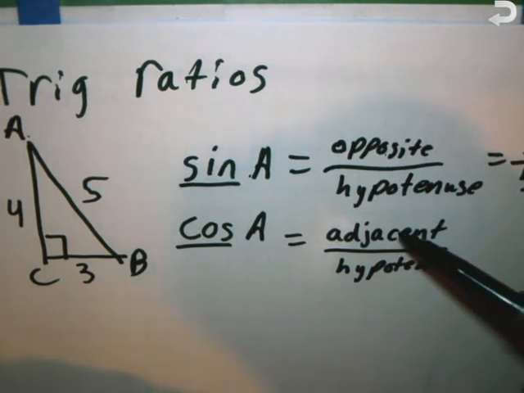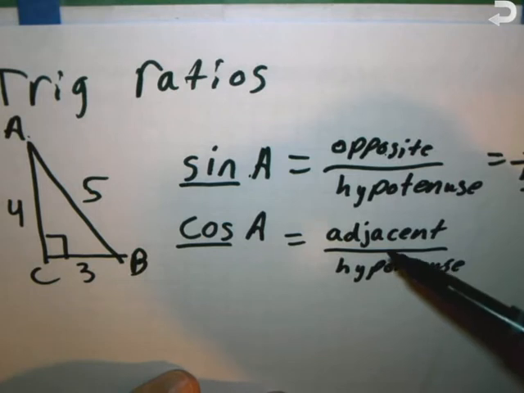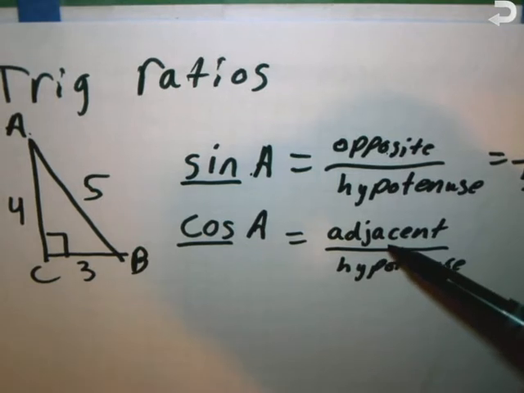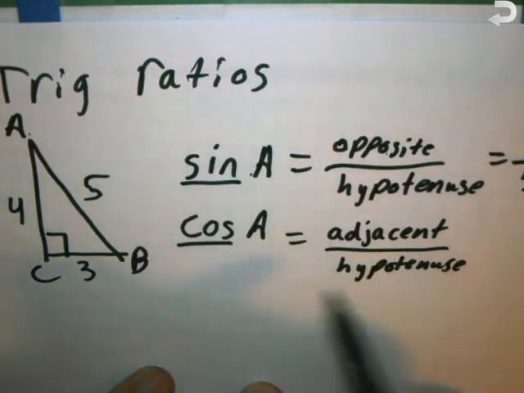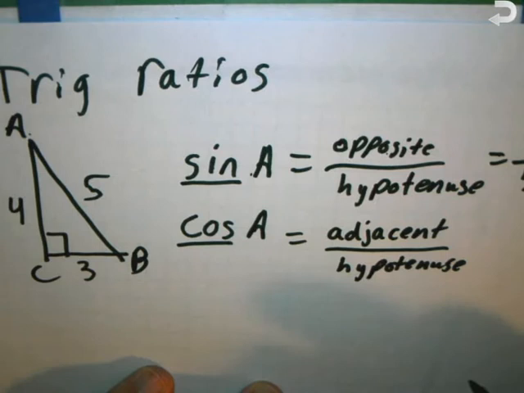Now, you need to know this stuff, or you need to be able to find it. It is on your formula sheet that you will have for the end of course exam, right there by special right triangles. So you don't have to memorize this, but you should memorize it.